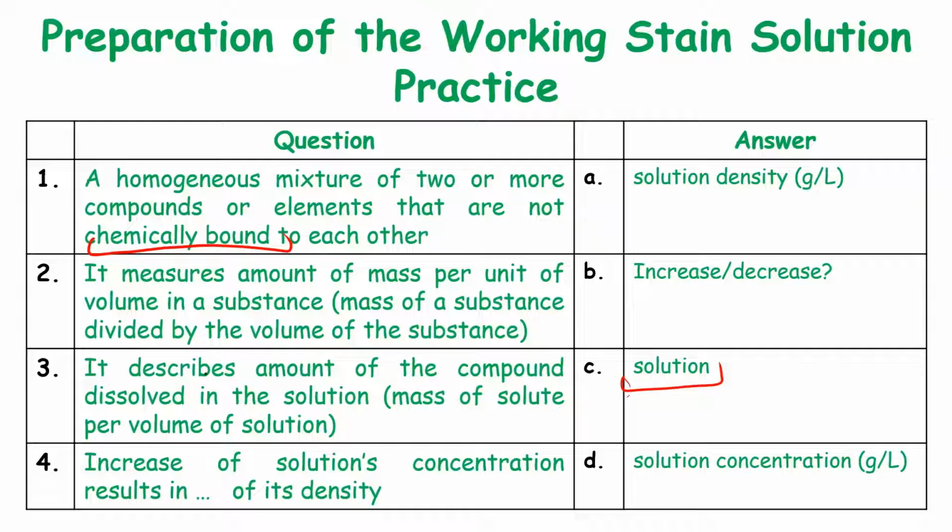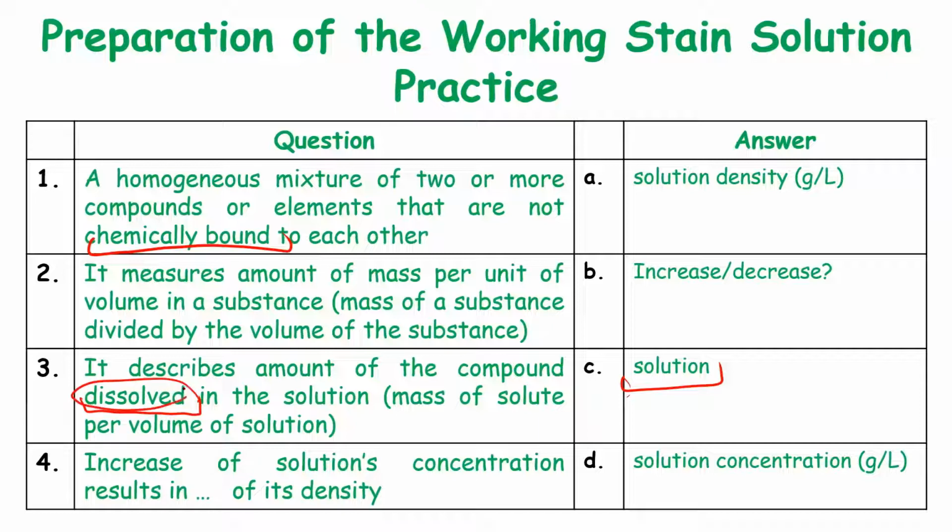Okay, actually it comes from the third part. So go ahead with the third one. It describes the amount of the compound dissolved in the solution. So the difference here is that in the case of density, we mean the whole solution as a whole per unit of volume, and in the case of concentration, we mean the amount of solute in the solvent.